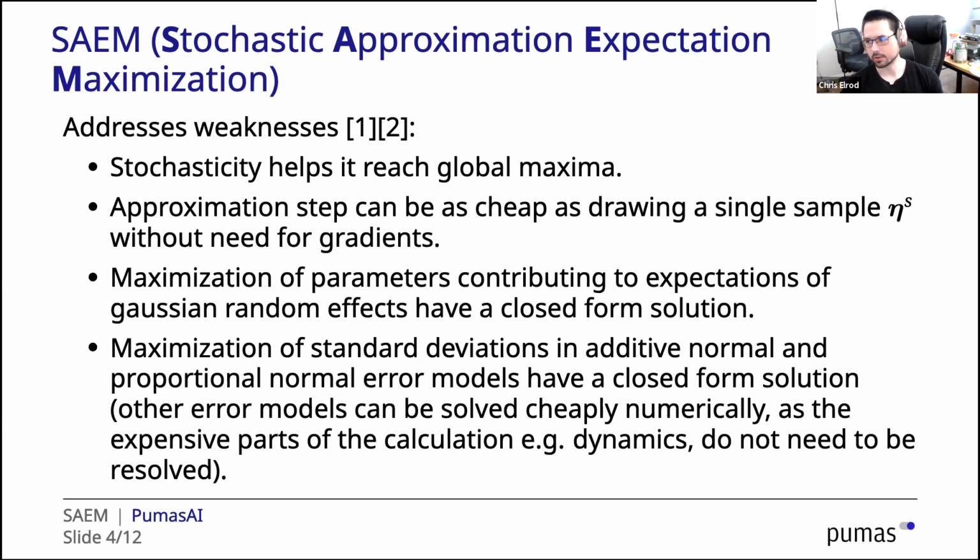It also tends to incorporate simulated annealing, which it does by flattening the log likelihood to also help with this, so that the jumps out of the local ones are easier. And it also makes the expectation and maximization steps very cheap.